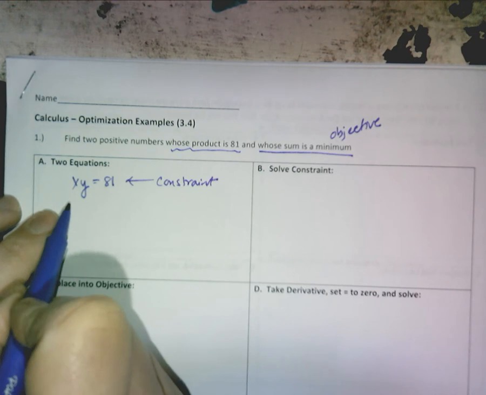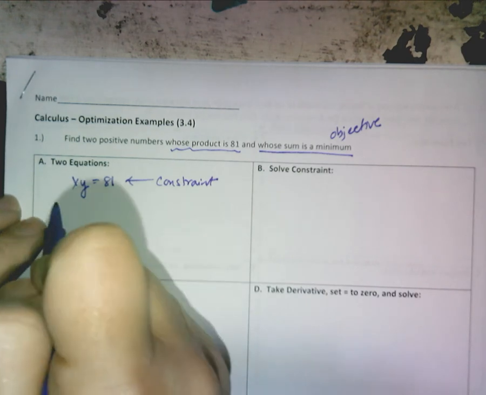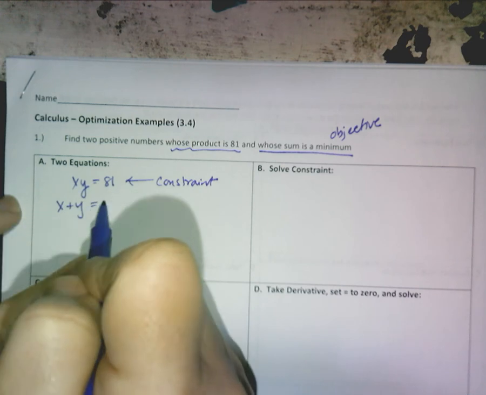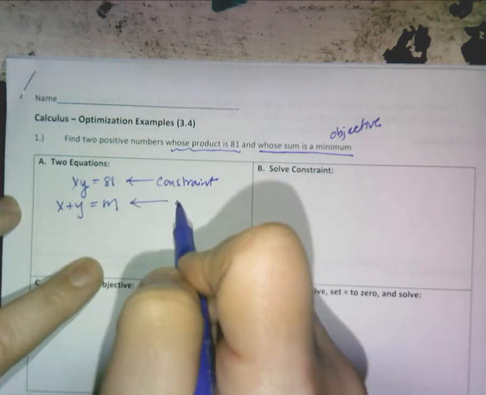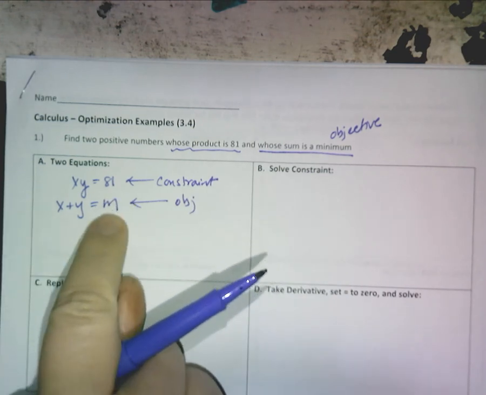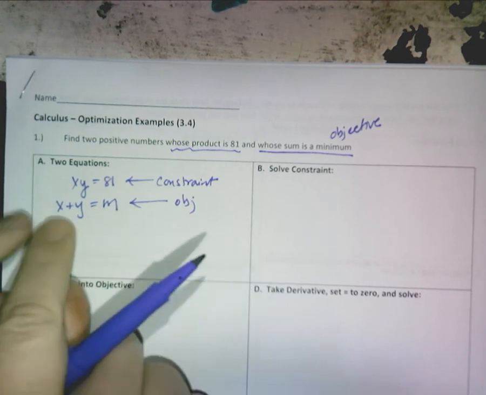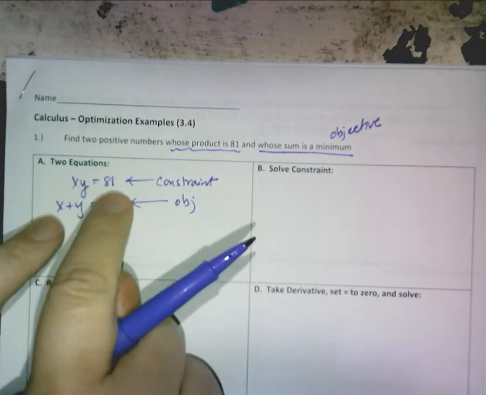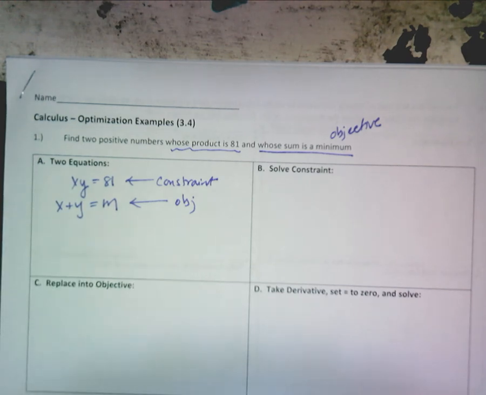My objective is to get the minimum value of those 2 numbers, meaning their sum is a minimum. Usually your objective has a bunch of letters in it, as this one does. I called it M, but you could call it whatever you want, Z, I don't know. I'm trying to find 2 numbers that multiply to 81, but whose sum is the smallest value I could possibly get.